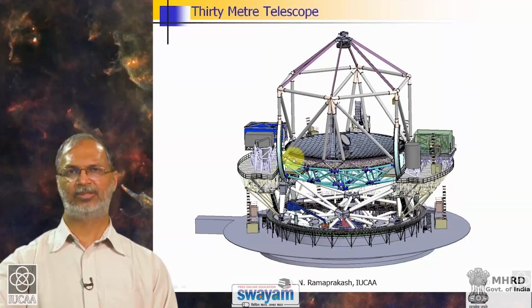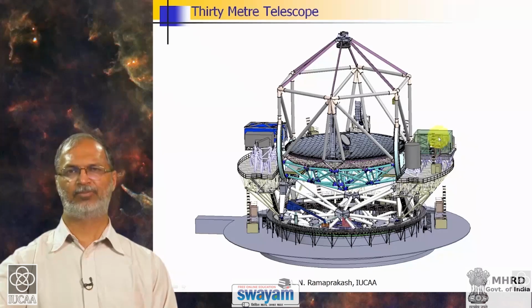Light arrives on the telescope from above, converges, goes to the secondary mirror up here, and continues to converge and comes down, and there is a tertiary mirror here which bends the beam and diverts it into one of these instruments on these two side platforms on the telescope.